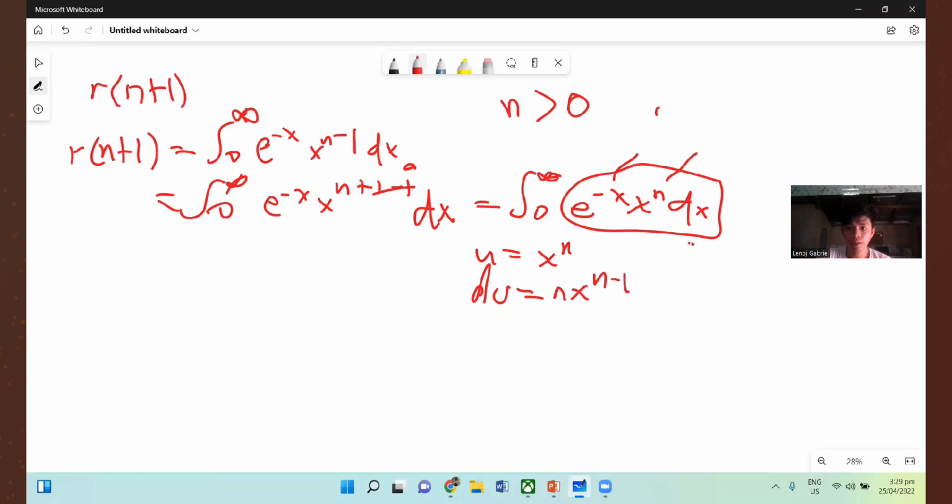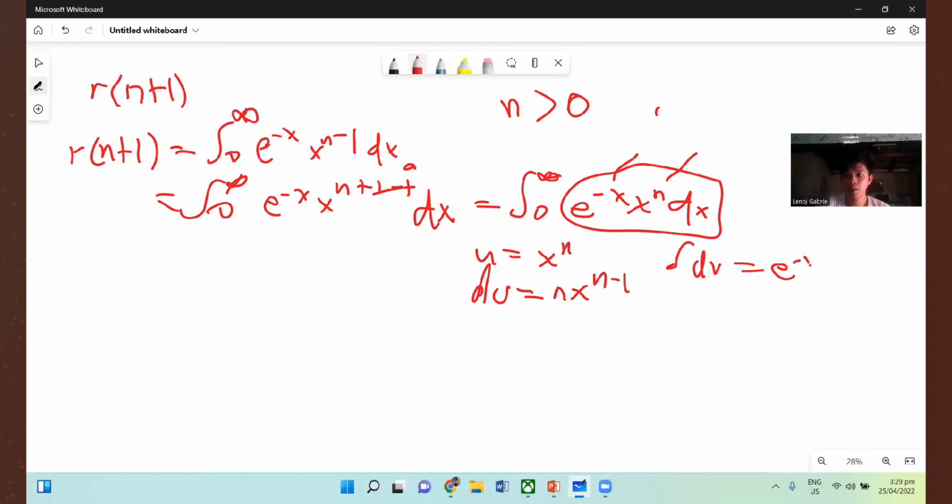So dv is e raised to negative x dx, so integral of dv, v is equals to negative e raised to negative x.